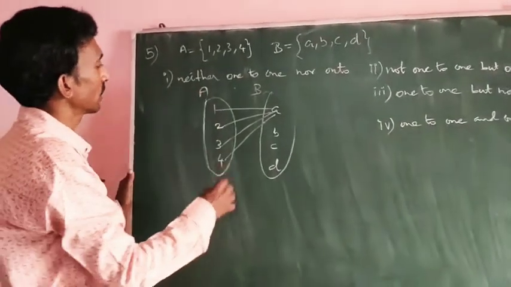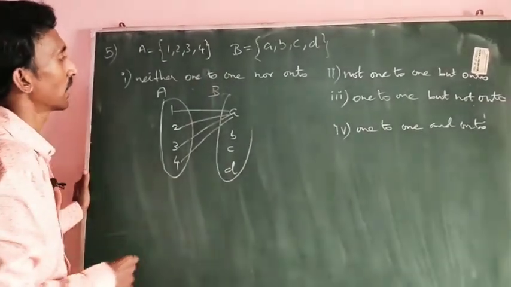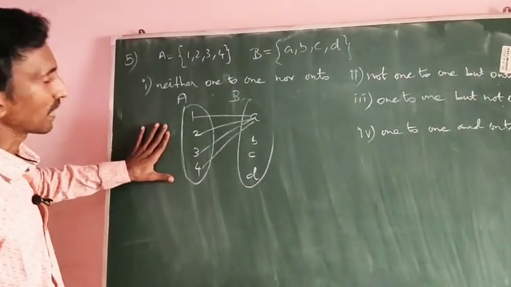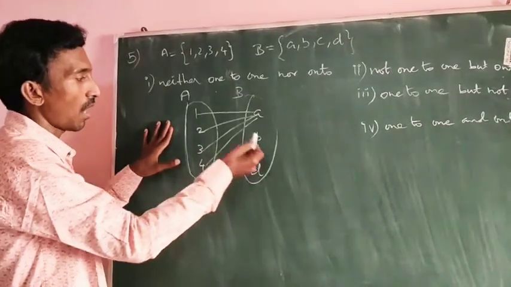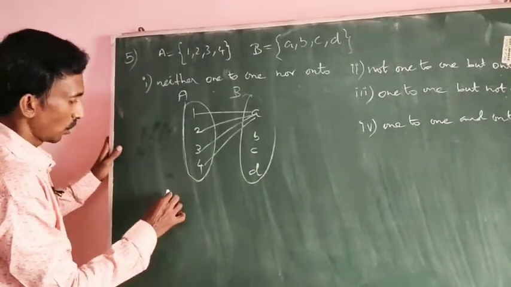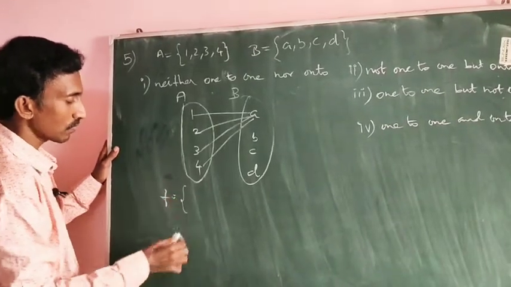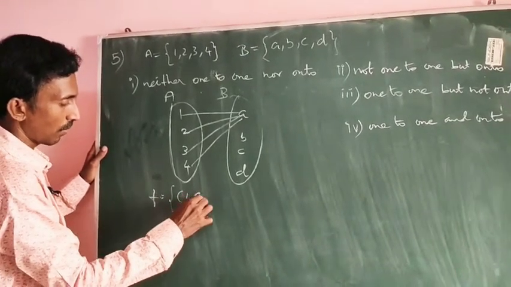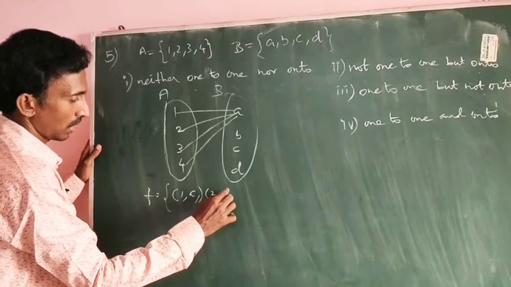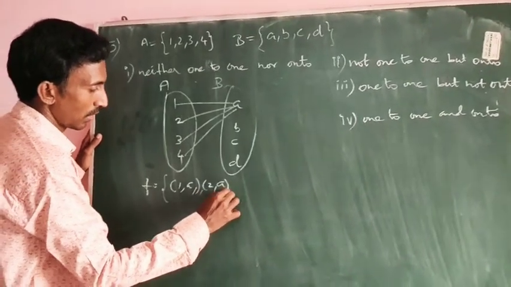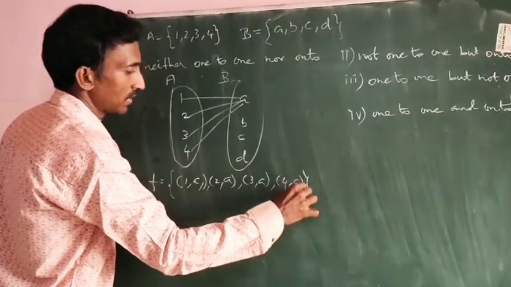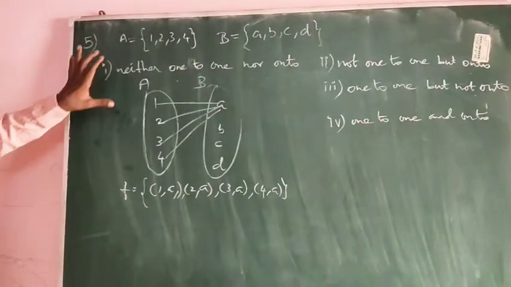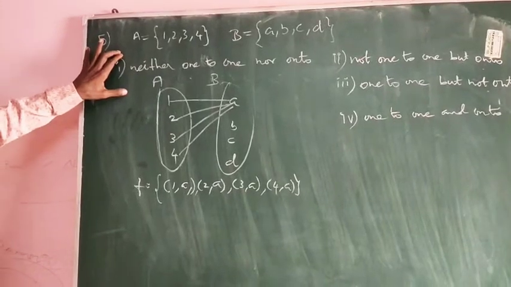Relate all the elements in the domain to a single element in the codomain. So it is a function, but neither one-to-one nor onto. So f equals, how can we write, (1, a), (2, a), (3, a), (4, a). It is the simple example for the first one, neither one-to-one nor onto.